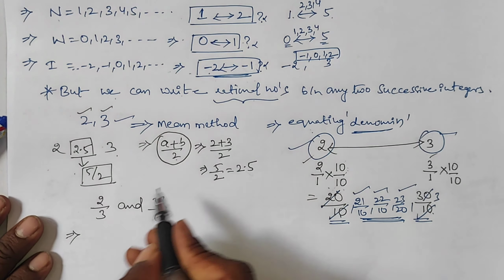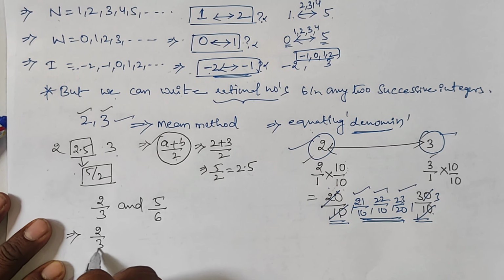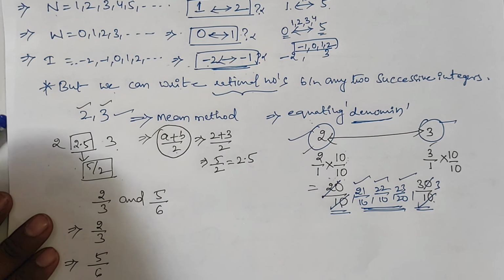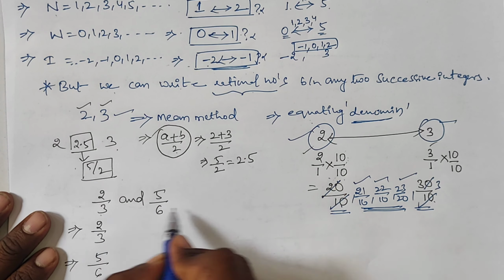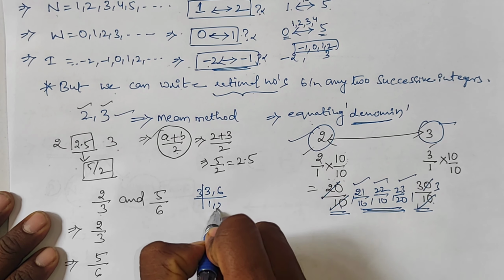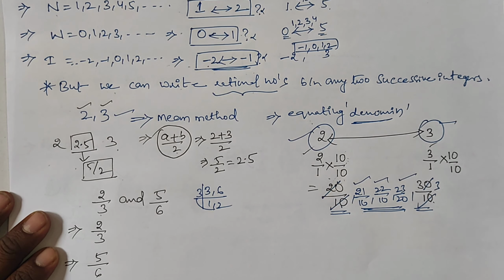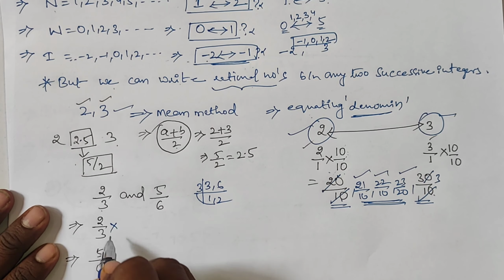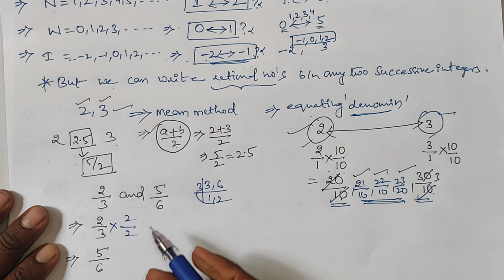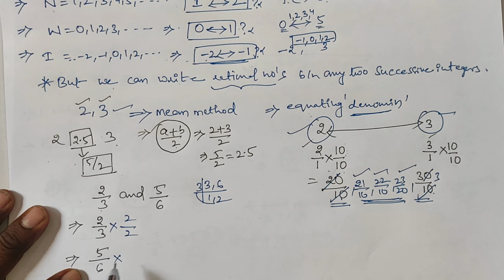First we consider the LCM of 3 and 6, which is 6. Multiplying 3 by 2 gives 6, so consider 2/2 for the first fraction. For 5/6, 6 is already there, so we multiply and divide by 1.